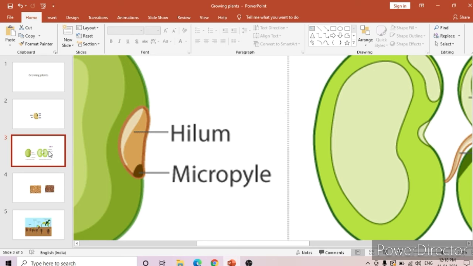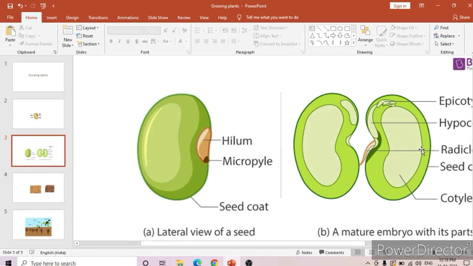Now we will see how the dicot seed is. What's the difference between a dicot seed and a monocot seed, we'll see now. As we discussed, this is the picture of a monocot: seed coat outside and cotyledon and the baby plant inside. In the same way, in dicot seeds, two cotyledons are present.